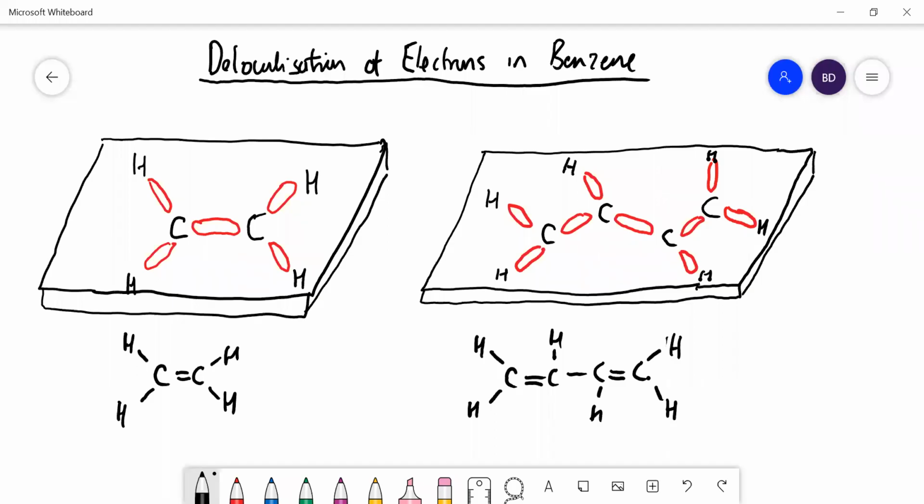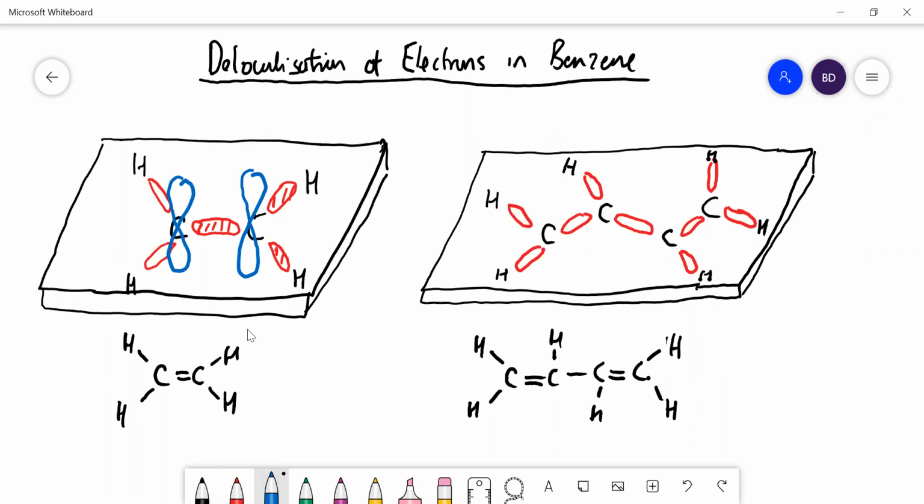Okay, so we're talking about electron delocalization. We've seen in the last video, you've got ethene on the left there. The red orbitals are overlapping to form the sigma bonds, and we have an unhybridized, unmixed pair of p electrons on that carbon.